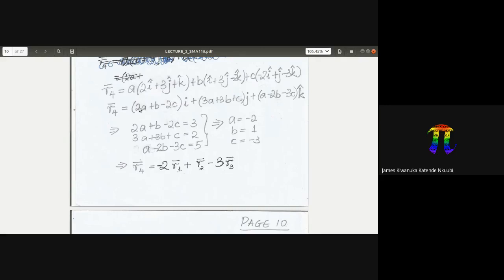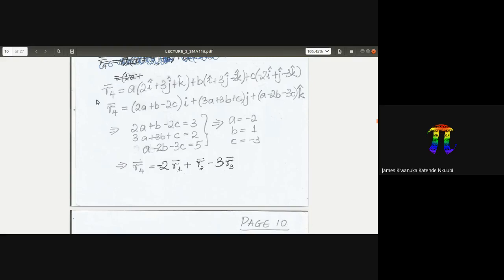All the terms containing the vector i, the unit vector in the x direction, are put together, and the first coefficient is 2a. You can pick the second coefficient as b, and the third one as minus 2c, because there's a c out here. So minus 2c. That's what we put as the coefficient of i. We do a similar thing for j and also for k.